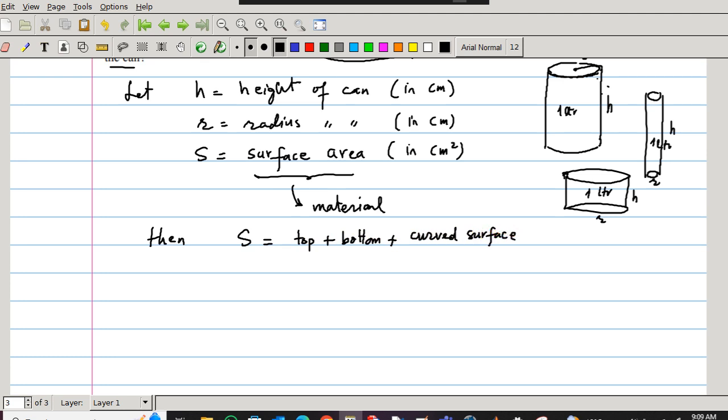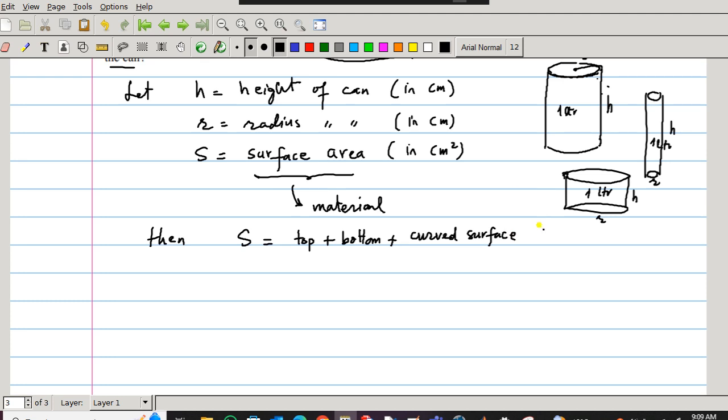Let's say you have a page, a sheet, and you bend it to make it a cylinder. Now the area of that sheet is exactly the area of the curved surface. And then you put a circular top and circular bottom, up and down.